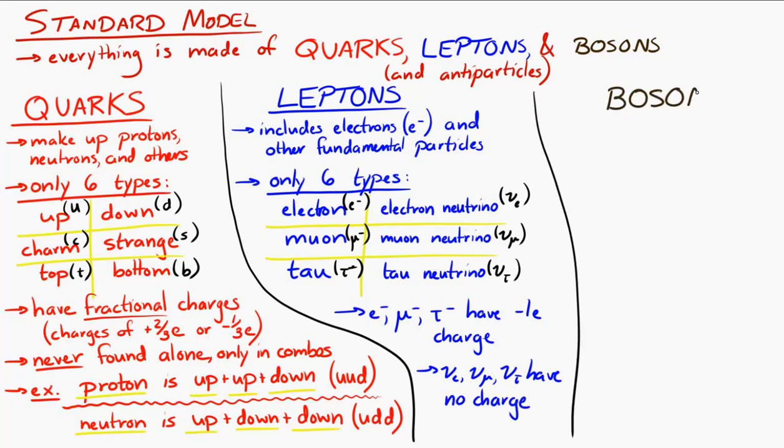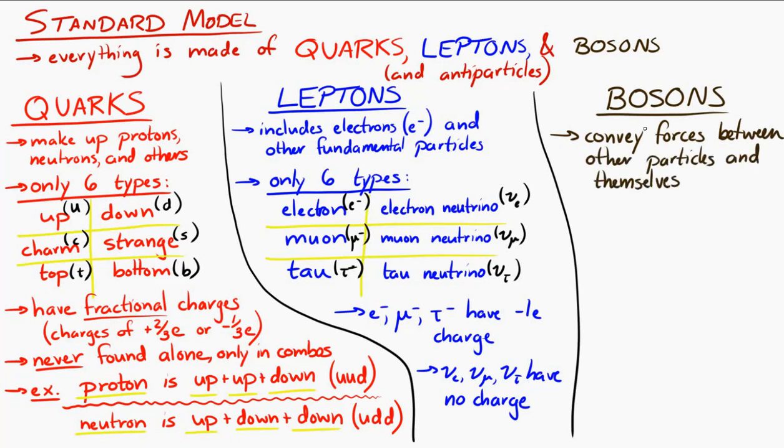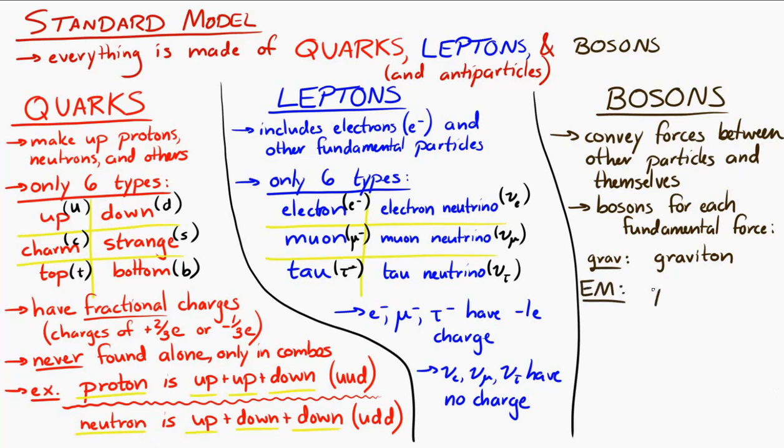Bosons are particles which convey forces between the other particles, and sometimes themselves. So the bosons carry the forces. There are bosons that are associated with each fundamental force. The gravitational force is carried by a boson called a graviton. The electromagnetic force is carried by photons, which we've seen before.